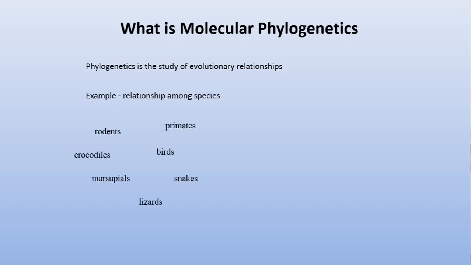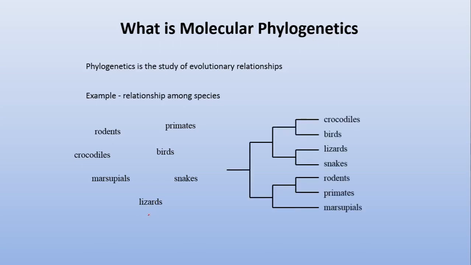For example, if you have been provided with multiple species, which include rodents, primates, birds, crocodiles, marsupials, snakes, and lizards, molecular phylogenetics would give you an output of how all these species are related to each other. That is the ultimate objective of molecular phylogenetics.